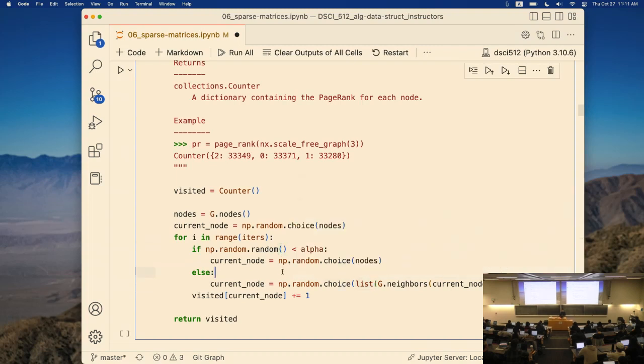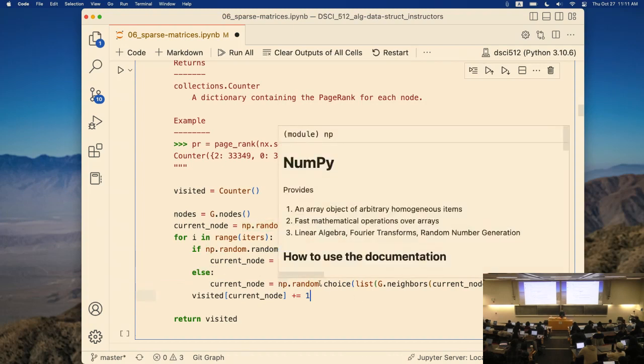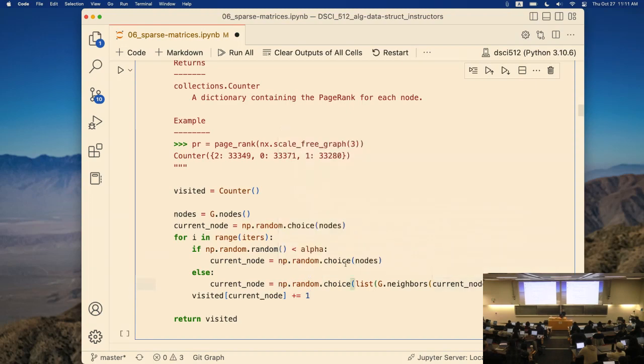This is why here, I just randomly pick the next node in the entire graph. However, here, I choose between one of the neighbors. That's the only difference between these two lines of code. This is a completely random web page represented on that graph. However, this is one of the neighbors of the current node. Then I increase the count of the number of times that we have visited that particular node by 1, and then repeat the whole process again.